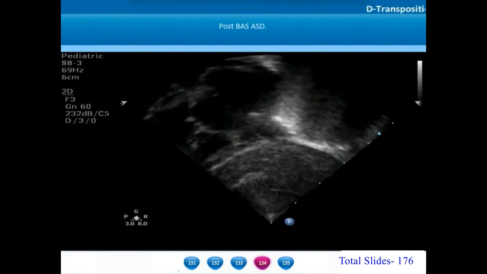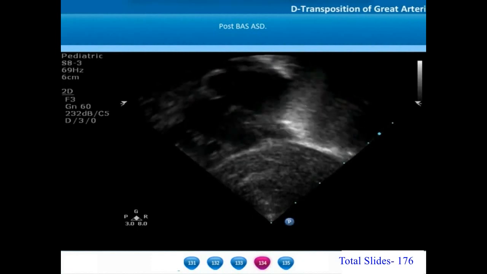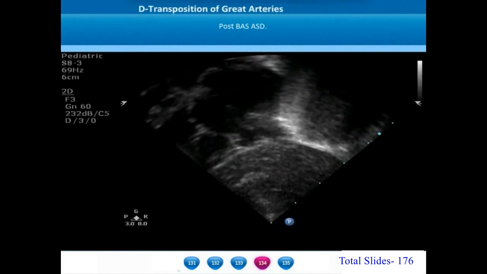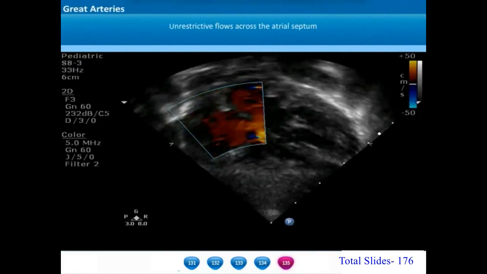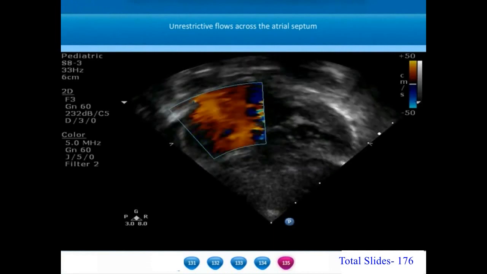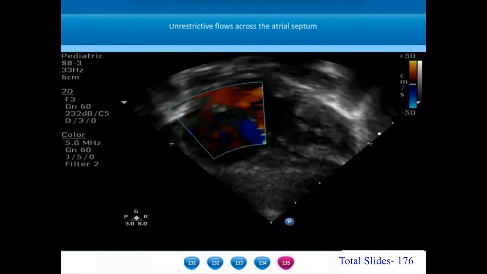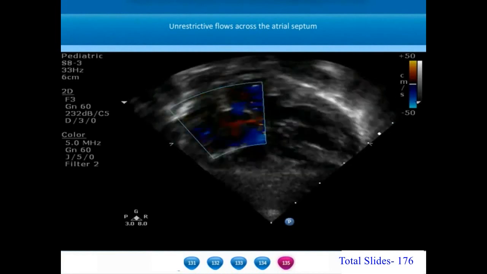Post-septostomy, echocardiogram will confirm an adequacy of the tear of the intra-atrial septum and adequacy of the intra-atrial communication. A bidirectional flow across the torn intra-atrial septum will indicate adequate intercirculatory mixing.